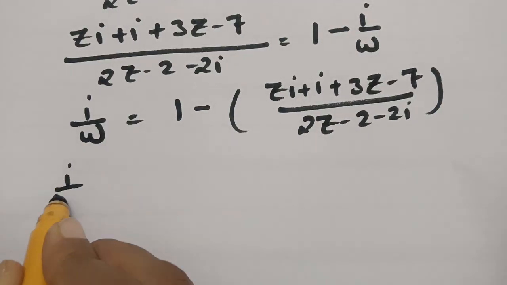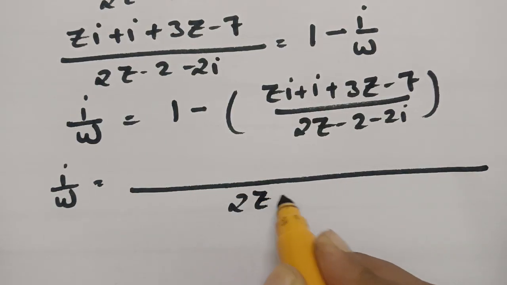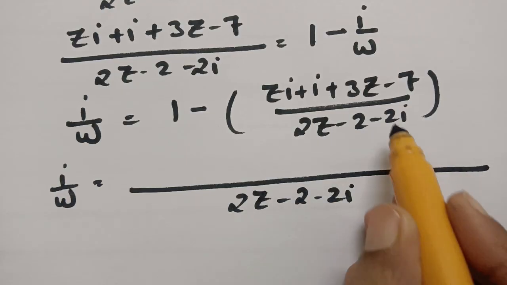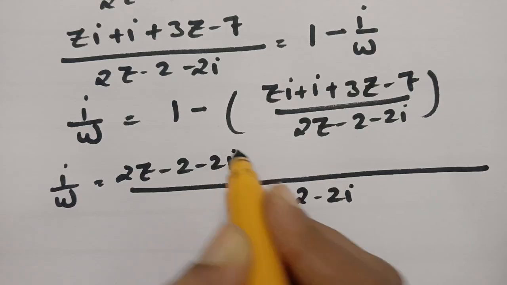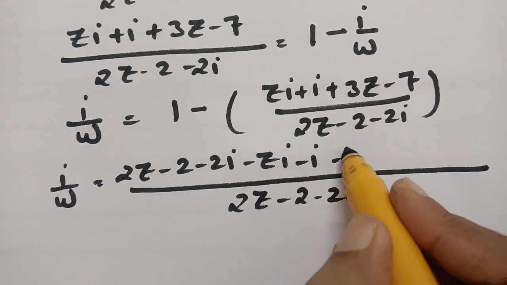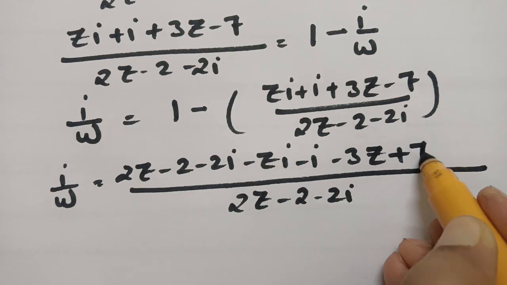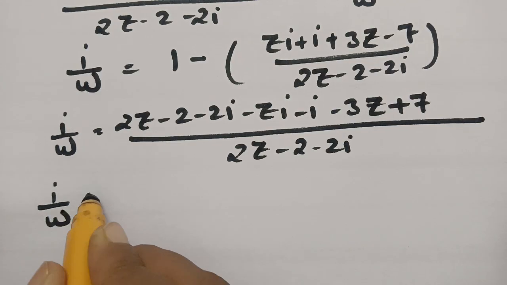So here this is i by w times of, if I take an LCM as 2z minus 2 minus 2i, and multiply, this will be 2z minus 2 minus 2i, and multiplying with minus, this will be minus zi minus i minus 3z, plus 7.